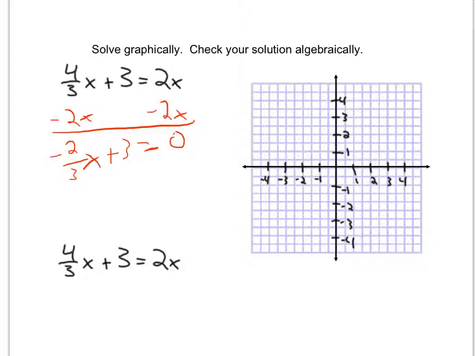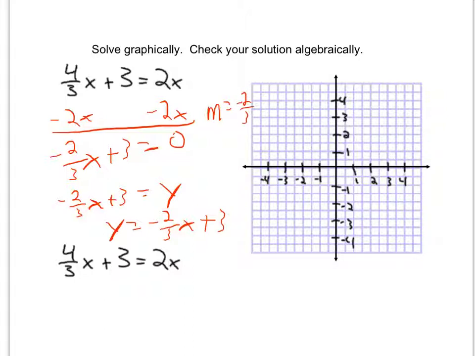Now we want to write this in slope-intercept form. So we got negative 2/3 x plus 3, and we replace our 0 with y. And then we're going to flip it around. Y equals negative 2/3 x plus 3. Now let's identify our m and our b. Our m is negative 2/3, and our b is 3.